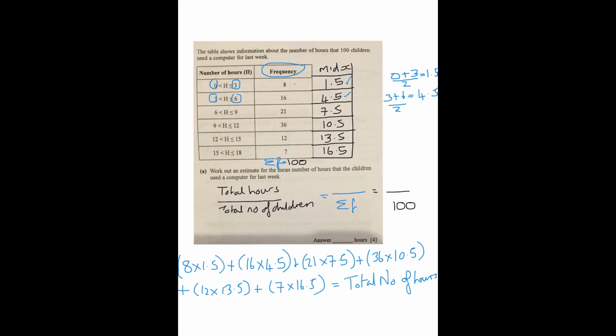To do this, it is often very useful to write out a new column on the table, whereby you get your f value and you multiply by x, and that is then called your fx column.